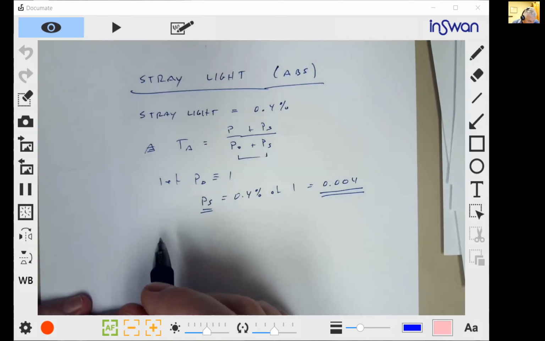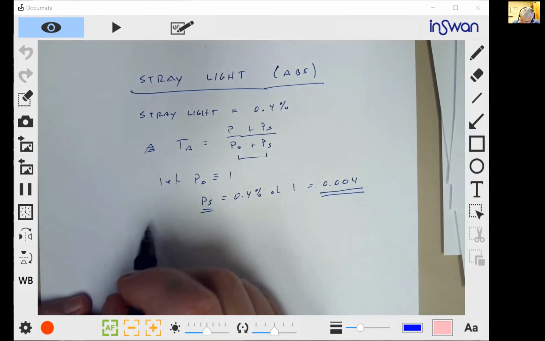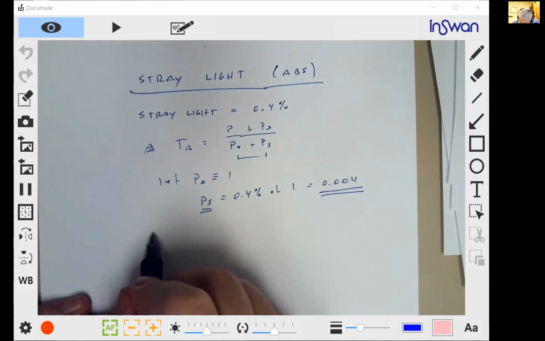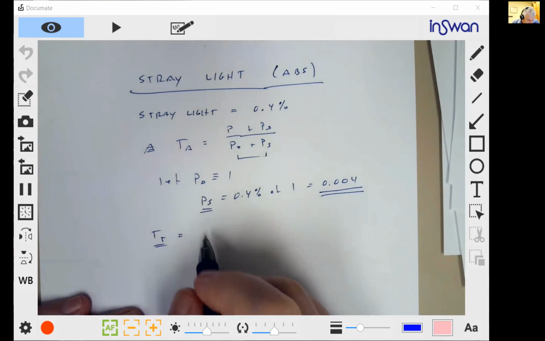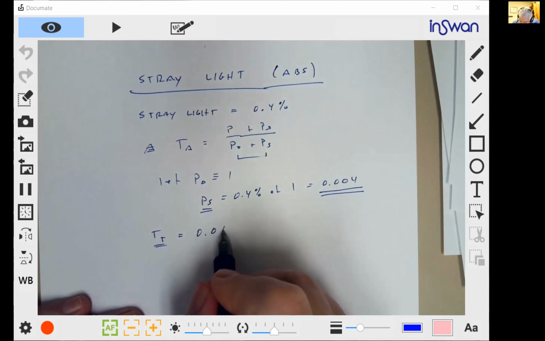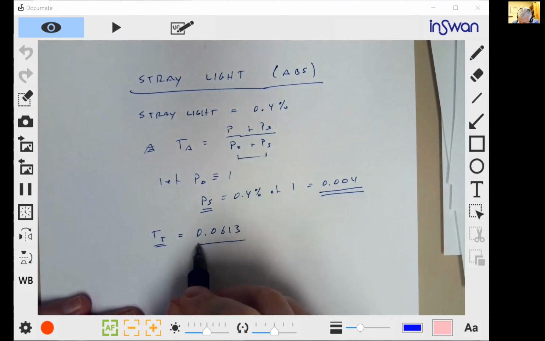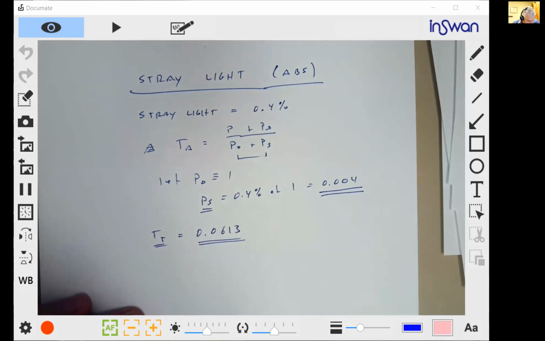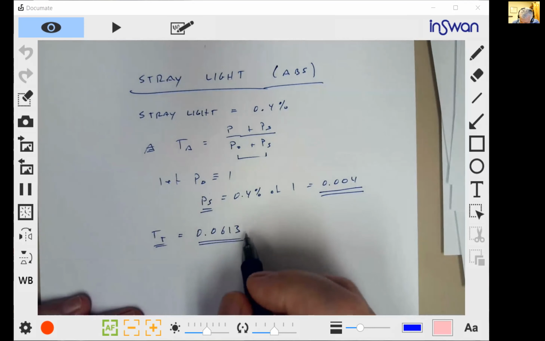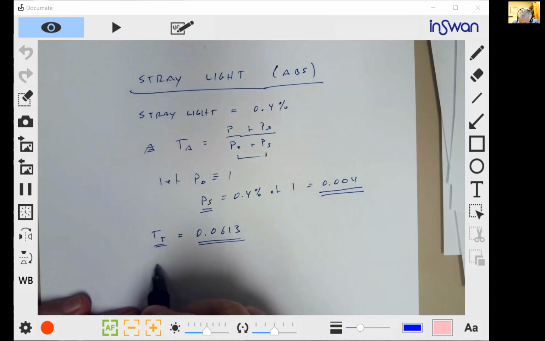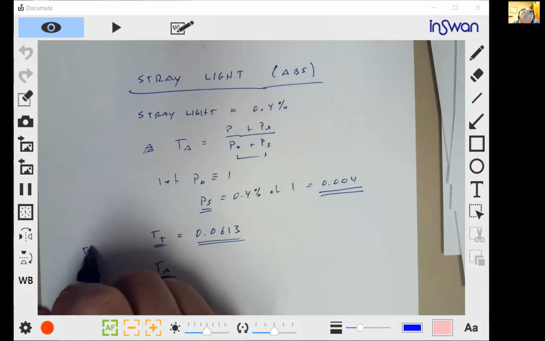So now the next information they give us is that true transmittance is equal to 0.0613. I'm not really sure when you would have this information, like the stray light and the true transmittance, but in any case, they're going to ask us to compute the apparent transmittance.